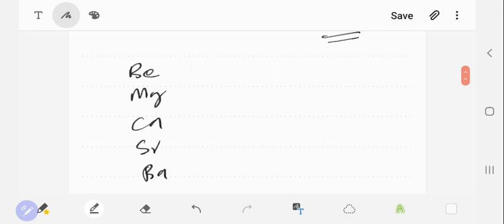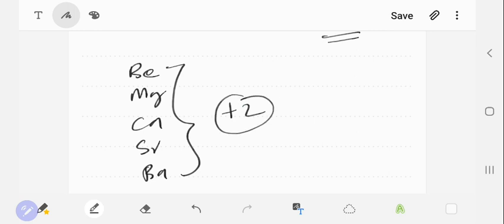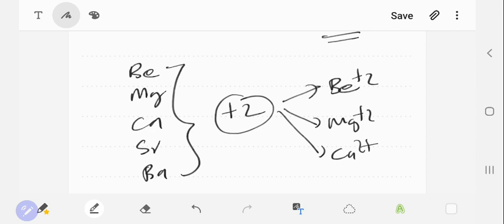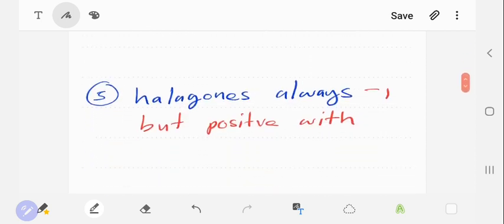Each and every element will take +2. In the elementary state 0, in the ion state it will take +2. Beryllium +2, magnesium +2, calcium +2.